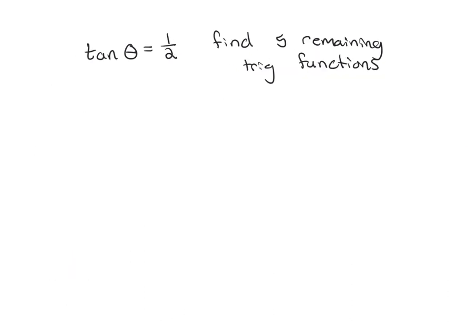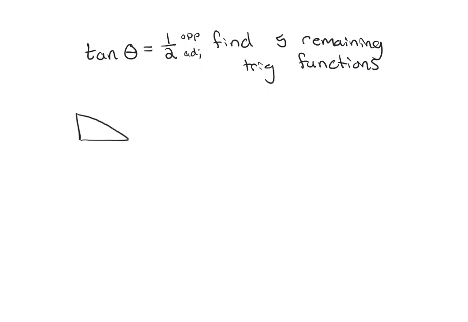Okay, we're going to practice this one more time, starting with tangent. Tangent is equal to 1 over 2. So let's sketch a right triangle. Well, first, so tan, that's the TOA, opposite over adjacent. So we don't have hypotenuse, so I'm just going to do a side length 1 and then double that, side length 2.